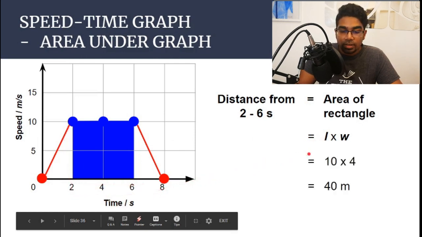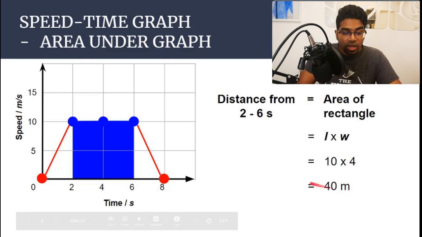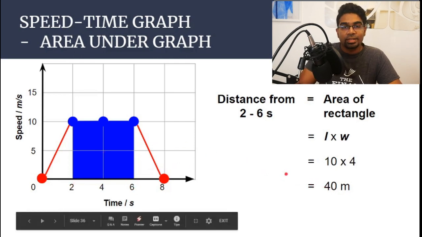This is 10 units, from 0 to 10, and this is from 2 to 6, which is 4 units. So 10 multiplied by 4, we get 40 meters. 40 meters is the distance traveled by the object from 2 to 6 seconds. And if we wanted to find from 6 to 8 seconds, it's the same process as 0 to 2 seconds. We find the area of the triangle here.